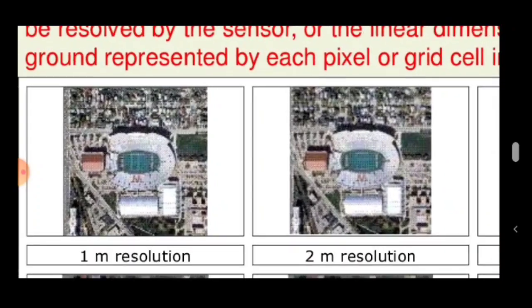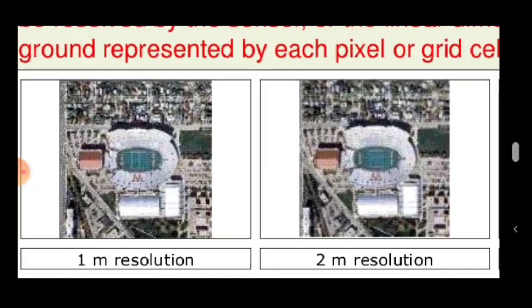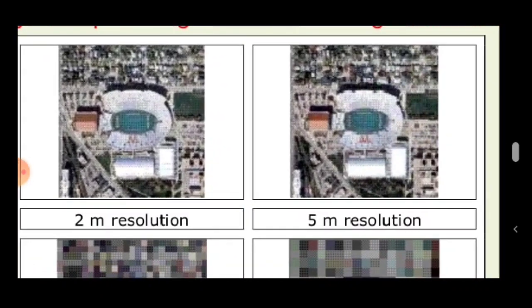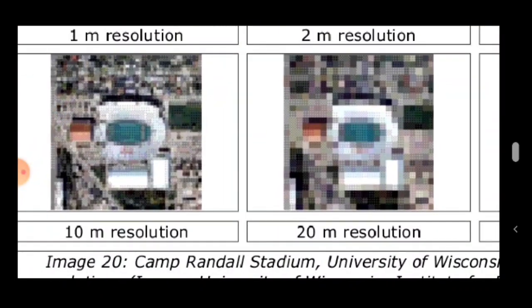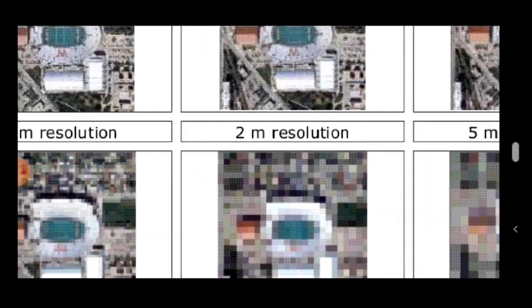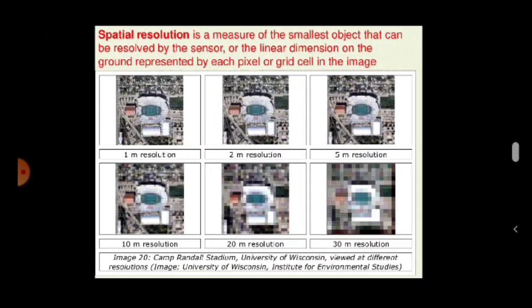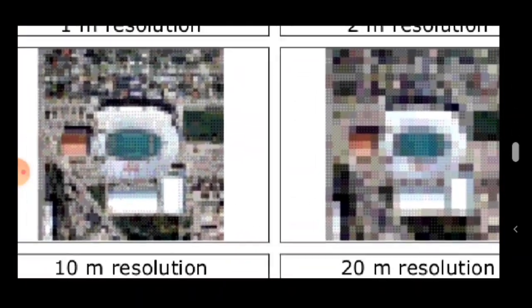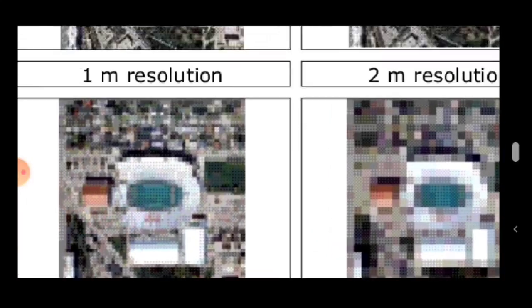This is called a high resolution image. Take 1 meter resolution, 2 meter, 5 meter, 10 meter, 20 meter, 30 meter: when the meter value gets higher, the image gets blurred.